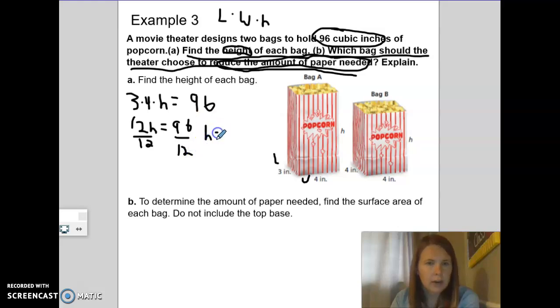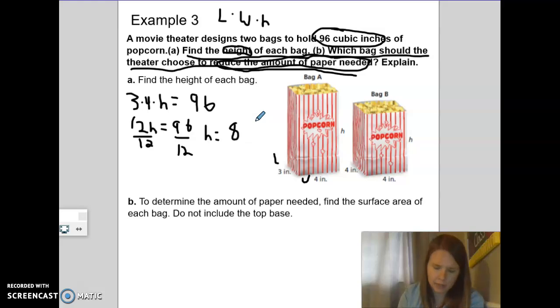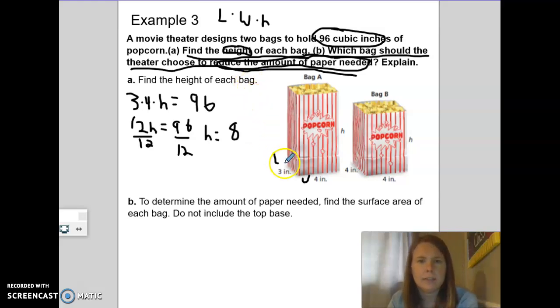When I divide this out, I believe this is going to give me 8. Then I need to make sure I have the right unit. Let me double check my math, I'm just doing it mentally, but I'll check with a calculator. Yep, it does give us 8. So my height in this case is 8 inches.